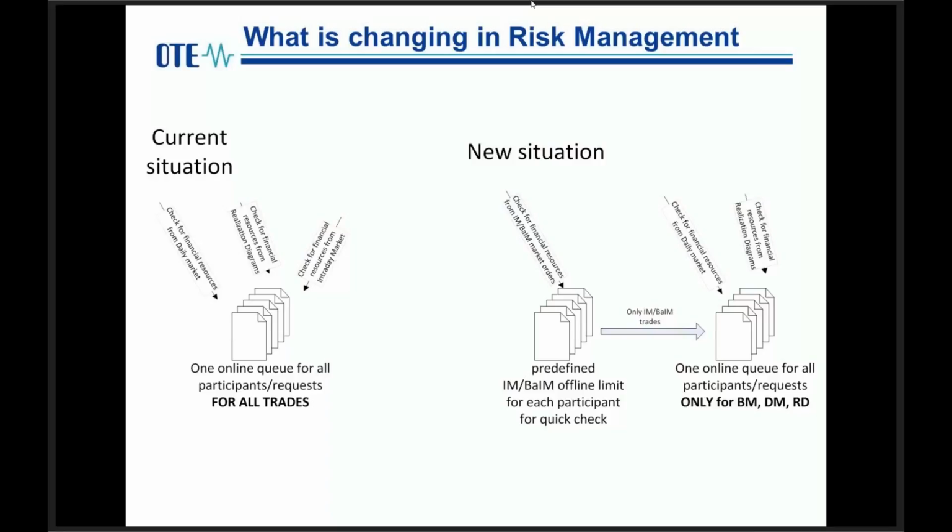So there will be no queue, and the request will not have to wait in the line. So the calculation of utilization and the intraday and balancing market trades are very quick and will be done in a classical way, and I'm going to be talking about that later on.